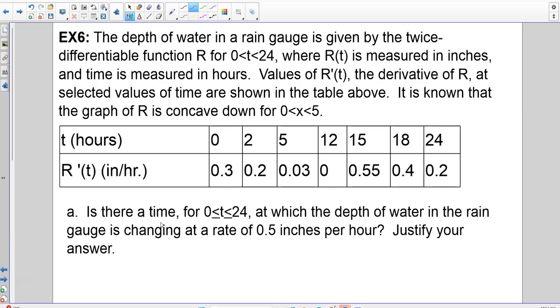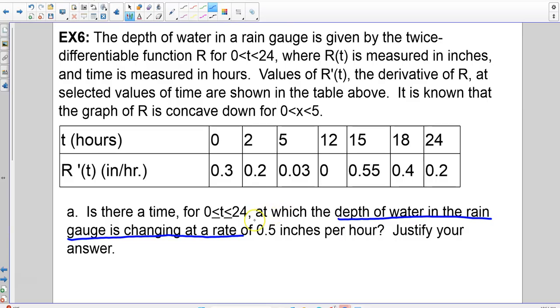Okay, so first of all, whenever it talks about the depth of the water in the rain gauge changing at a rate, what would that be in terms of the function r? Are we talking about r, r prime, r double prime?